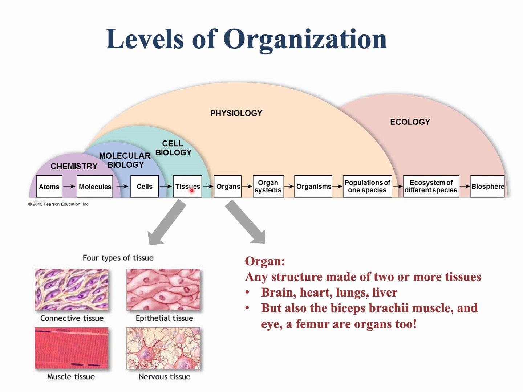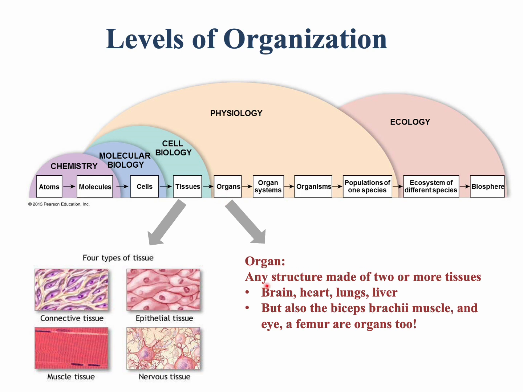And there are 4 basic types of tissues that we need to learn: connective tissue, epithelial tissue, muscle tissue, and nervous tissue. And if 2 or more of these tissues come together to form a larger structure, we're now at the organ level. So an organ is any structure that's made up of 2 or more tissues.